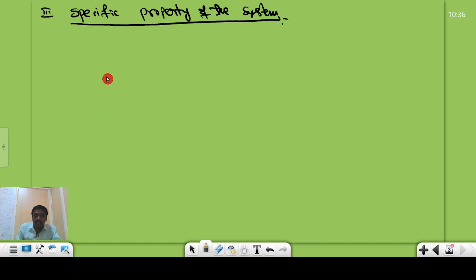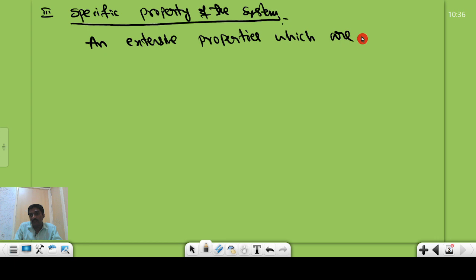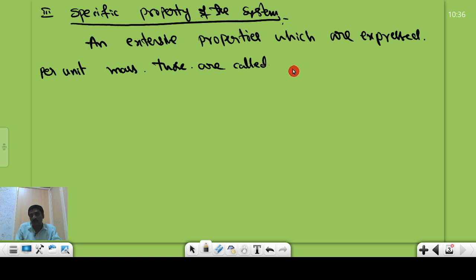That means extensive properties which are expressed per unit mass are called specific properties.